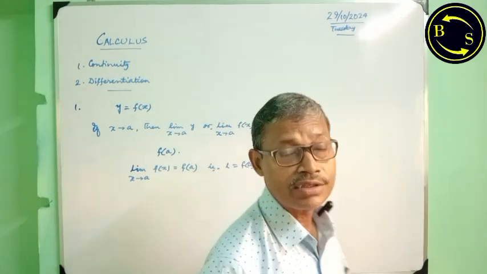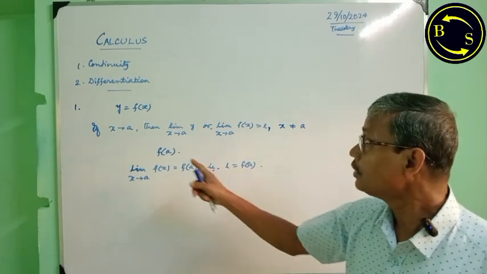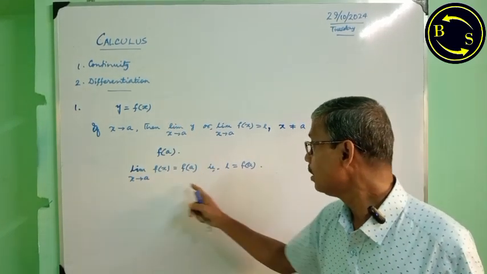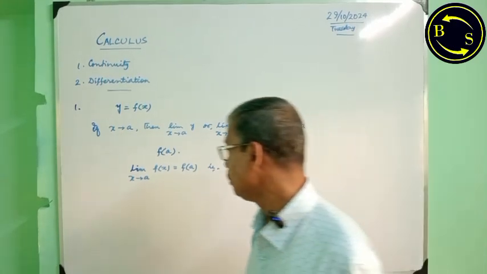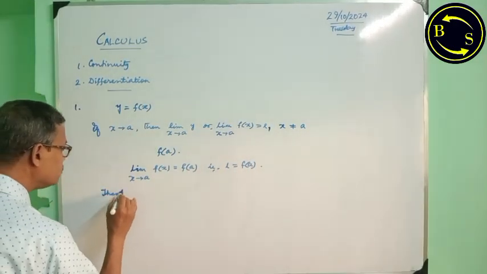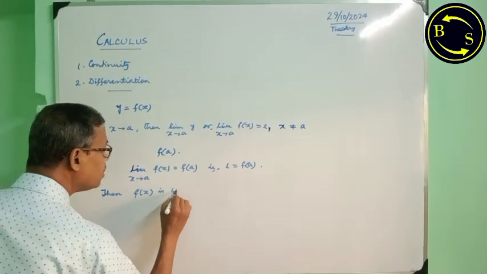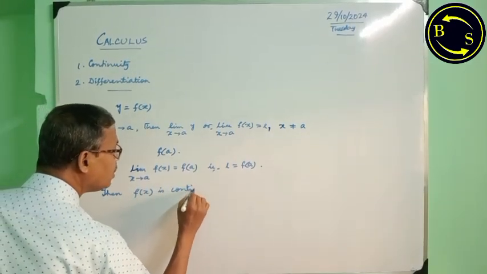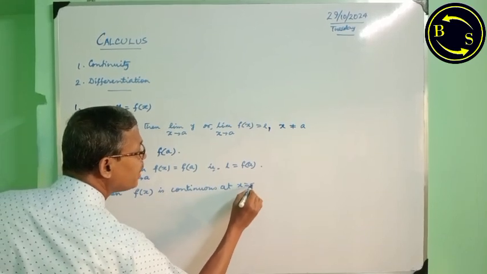If it happens, then we say the function f(x) is continuous at the point x equal to a.